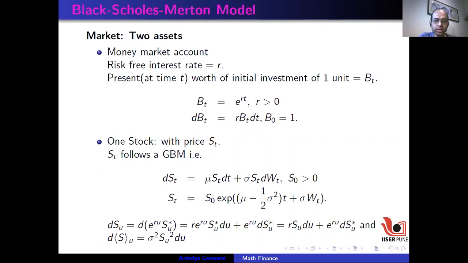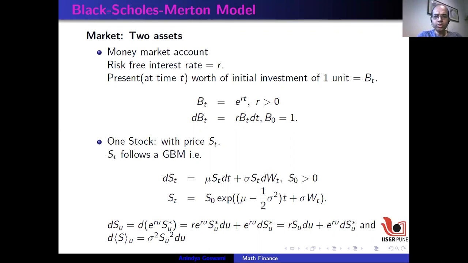So you first take the derivative here, r times e^{ru} times S star_u du plus e^{ru} dS star_u. Now we cancel e^{ru}, and S_u divided by e^{ru}, the denominator and numerator, cancel. So I get r times S_u du plus e^{ru} dS star_u. Clear? I am just writing this identically, only doing that simplification. This is very clear.